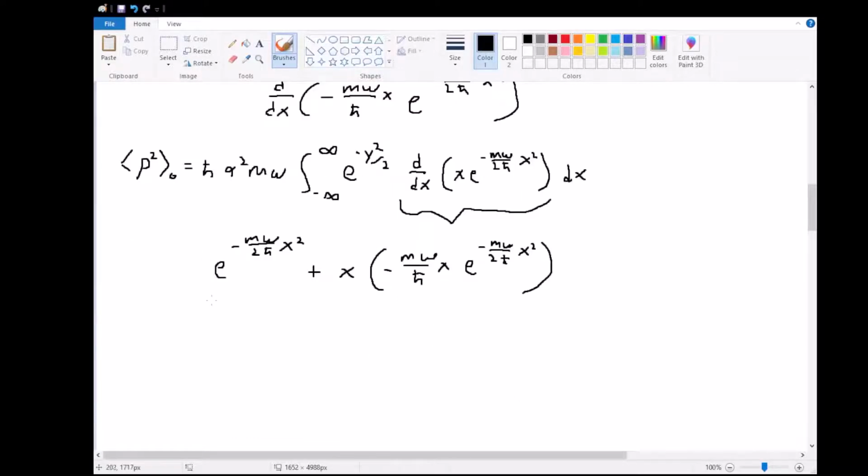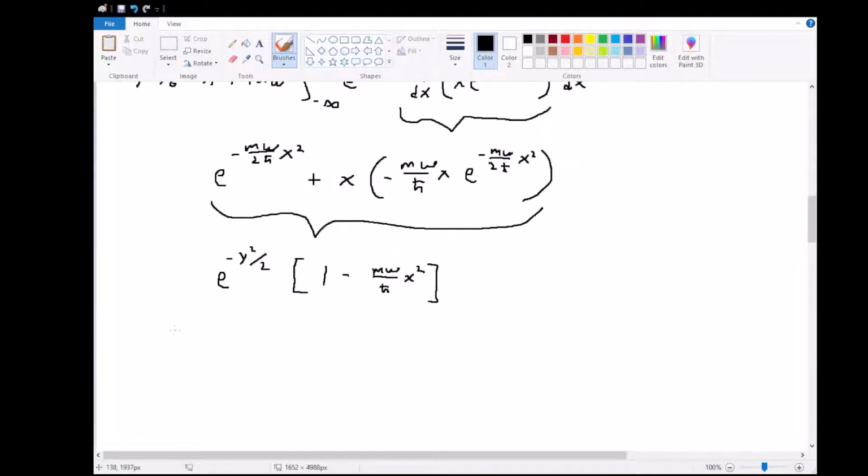Okay, rewriting this, we're not going to differentiate this anymore, so we can turn the e term back in terms of y, so this becomes e to the negative y squared over 2 times 1 minus m omega over h bar times x squared. Is that correct? Yes, that's correct.